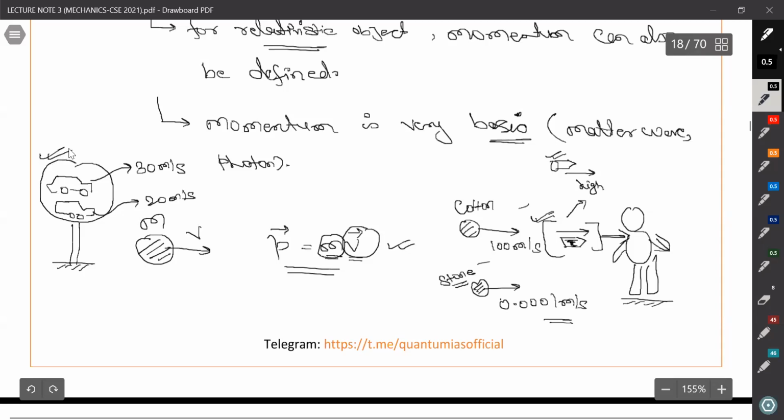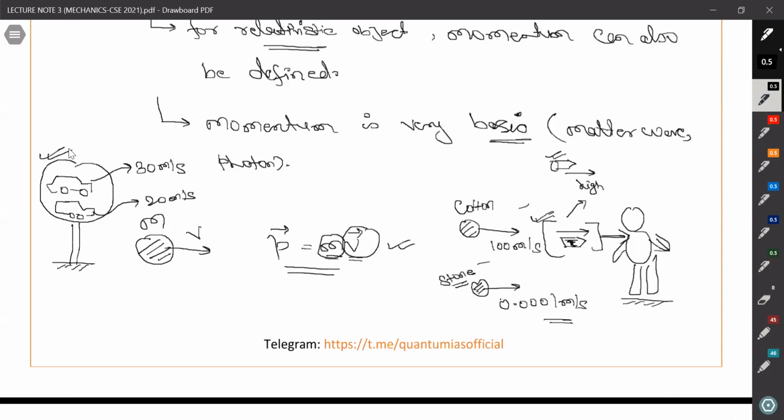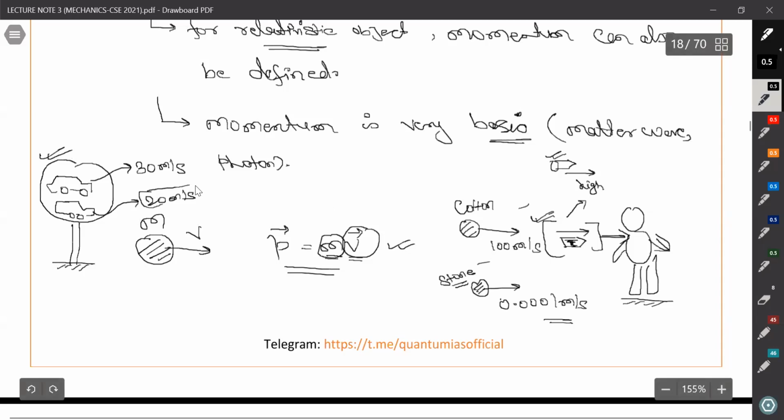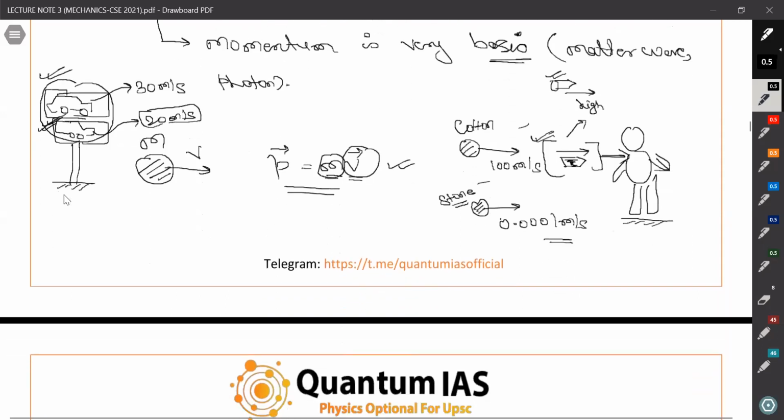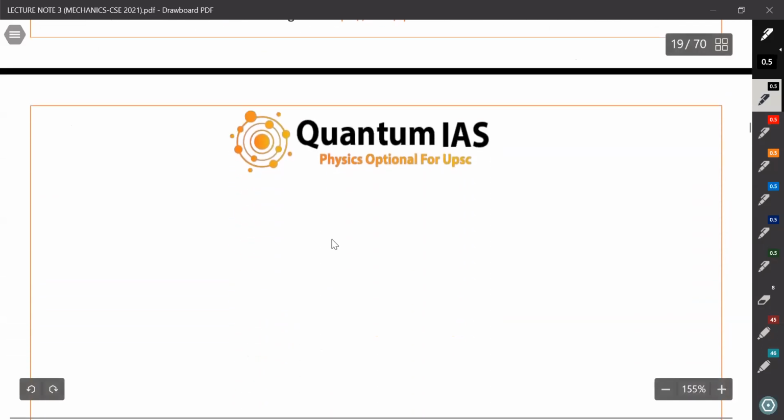If any accident or collision occurs, they should be able to cope with that collision. If the velocity for the truck is high, then its momentum will be very high. So I want to say that momentum has many significances. We'll also see that in coming illustrations. This is all about momentum.